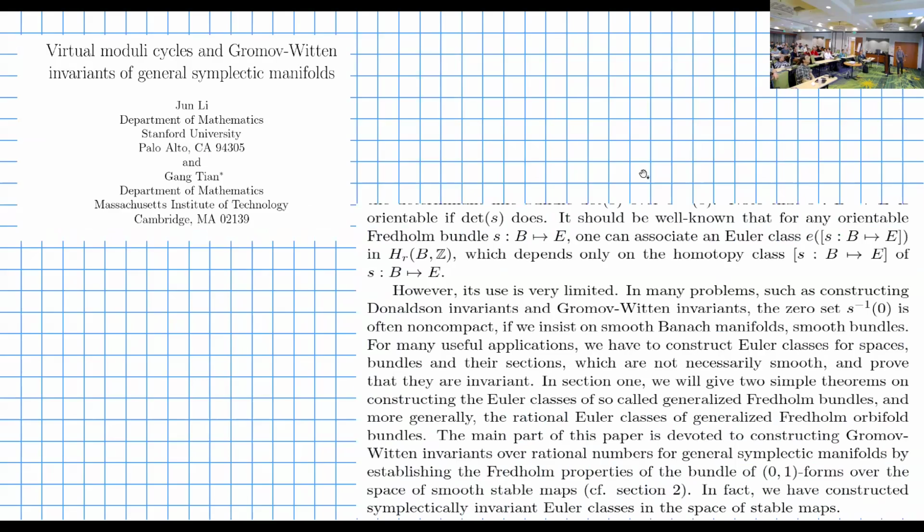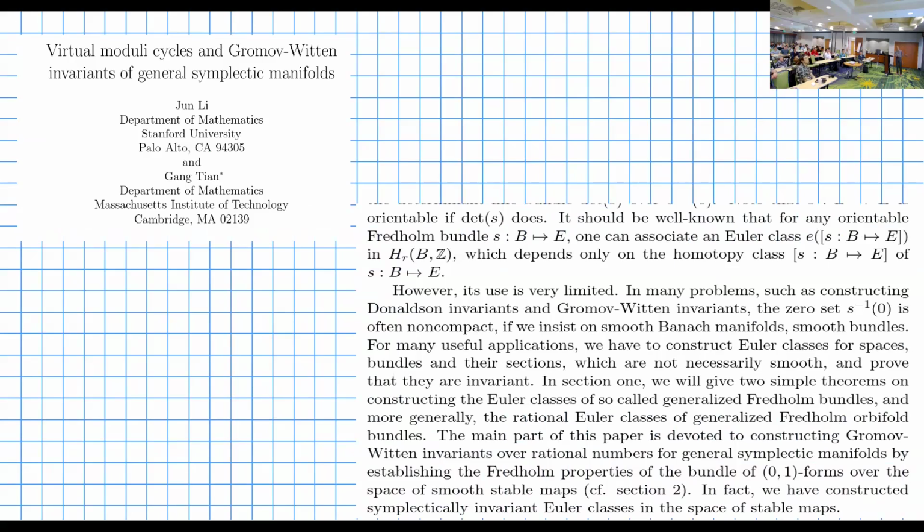Like this paper about virtual moduli cycles and Gromov-Witten invariants for general symplectic manifolds. And it starts, this is from the very beginning, I cut it off, by saying, well, it's well known that if you take a Banach manifold and you have a Fredholm bundle, then there's an Euler class, and that somehow the work of the previous paper would fit within this picture more or less.